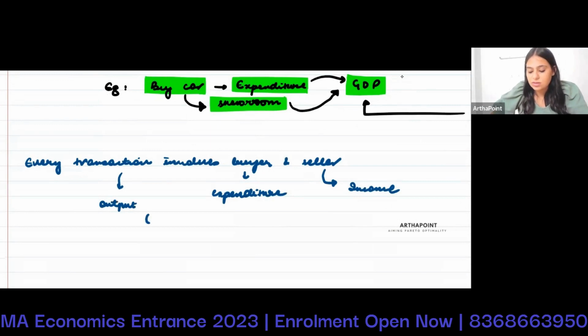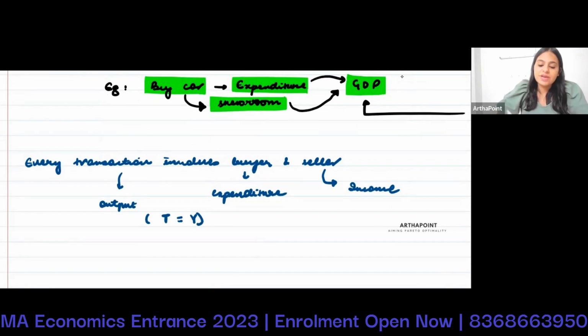We'll do this later on when we do the equation of the transaction demand for money and velocity of money. I will tell you that the transaction is equal to the output in the economy.